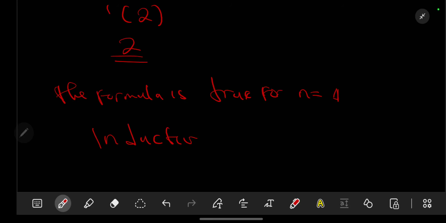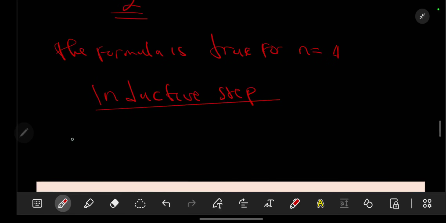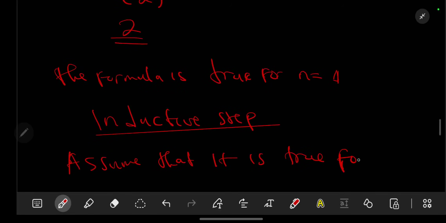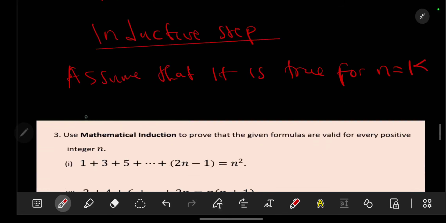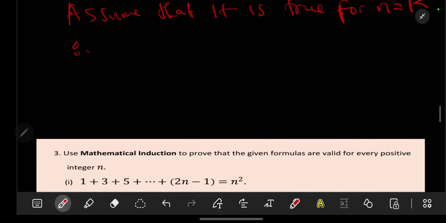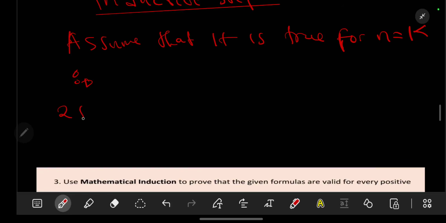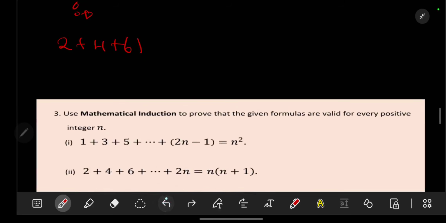So the inductive step, you are going to say, assuming that it is true for n is equal to k, therefore the equation will become the same thing, which will be your 2 plus 4 plus 6 plus 8, we're just ending plus 6.